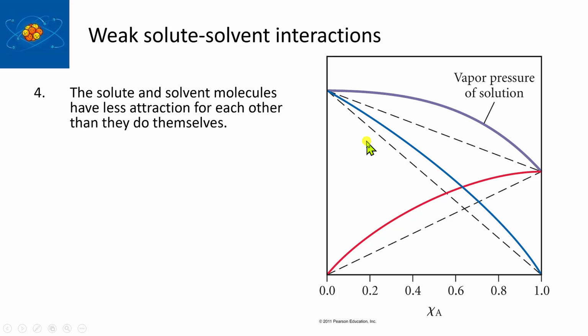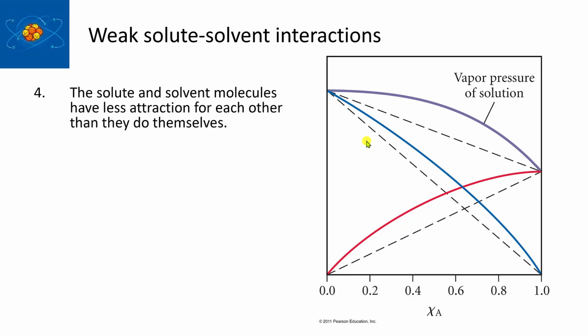So those are the four types. Typically, we don't do the solid one yet, but it fits in with this information so well, I just put it in there. You have the ideal behavior where intermolecular forces are unaffected by mixing. That is, they're the same before they're mixed and the same in solution. And then we have the solid that's non-volatile.